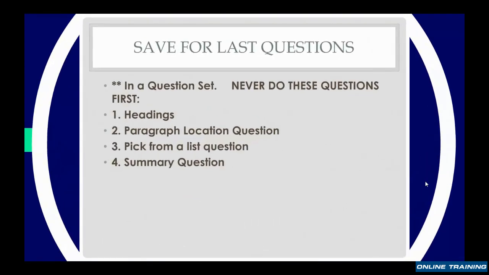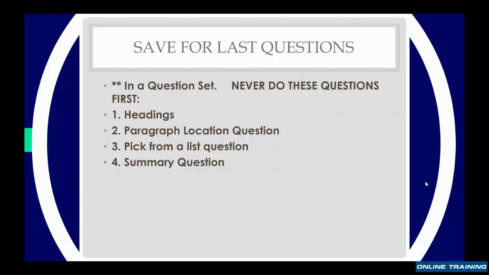So some of the questions that I would save for last in a question set: I would do the headings question last, the paragraph location question, the pick from a list, and the summary question. I would do my other question types first for a particular reading passage, and then if I have one of these, I would do it last. Because if you have a yes, no, not given question and you have a fill the blank question, those both go in order.